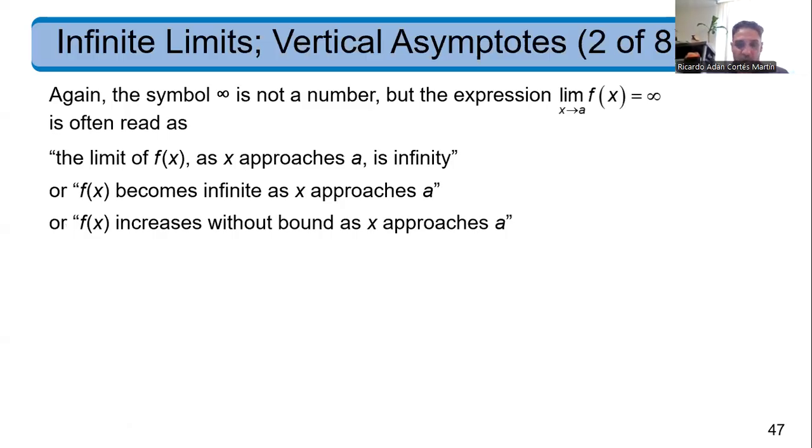Well, although the limit is infinite, infinite is not a real number, remember. There is no number called infinity because infinity doesn't obey the rules for numbers. But this is one way to say that the value of f of x is unbounded, or is going to grow as large as it wants.